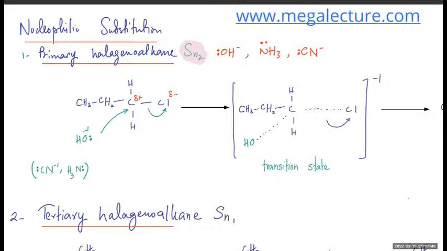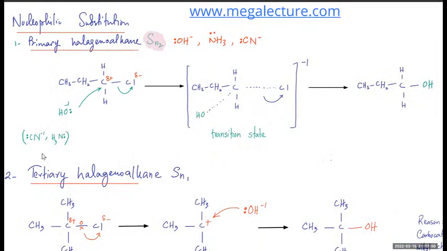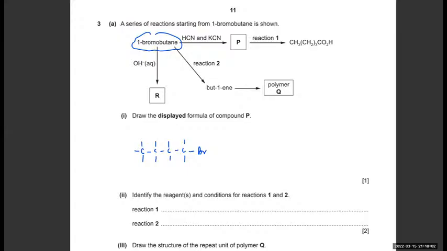You would have CN- coming in, and just like OH- substitutes the Cl, the nucleophile will take its place. So the same thing would happen with CN- as well. If you reacted 1-bromobutane with HCN or KCN, you get a CN in place of the bromine. It's a nucleophilic substitution.